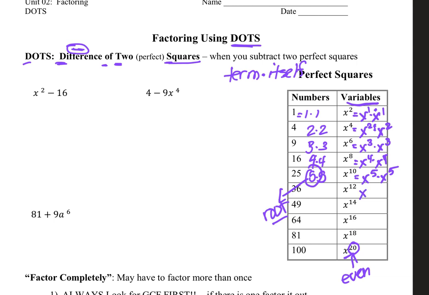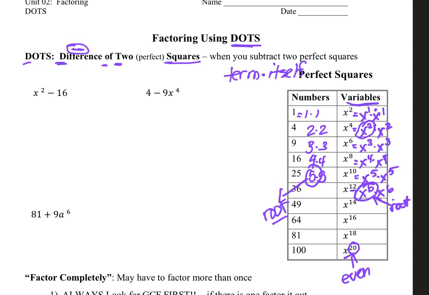Like x to the 12th is x to the 6th times x to the 6th. The root is always the exponent divided by 2. So x to the 6th is the root of x to the 12th, x squared is the root of x to the 4th, and so on.